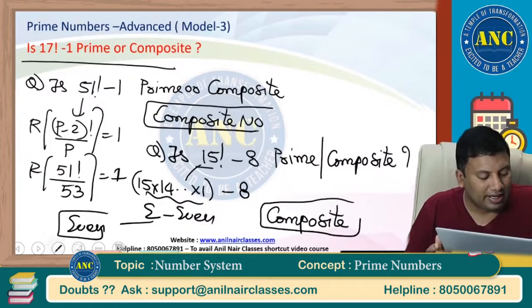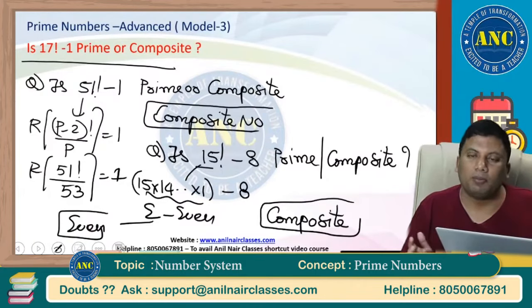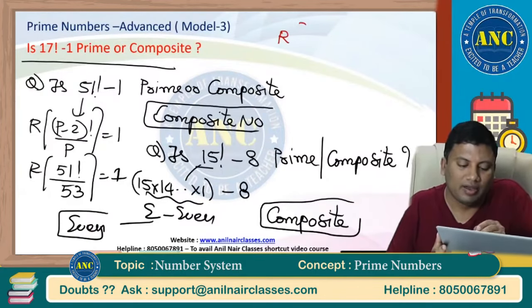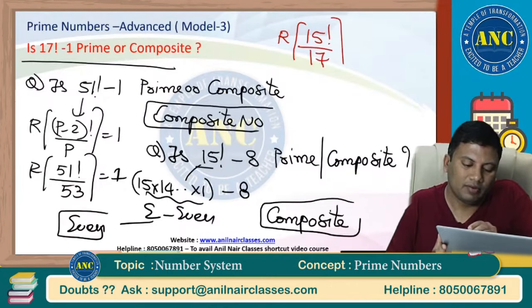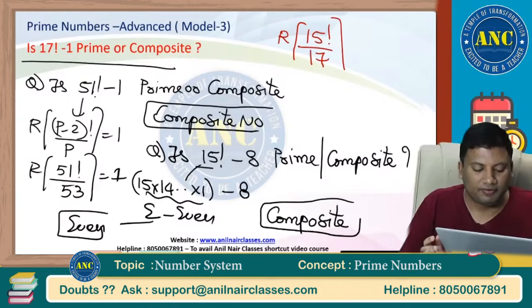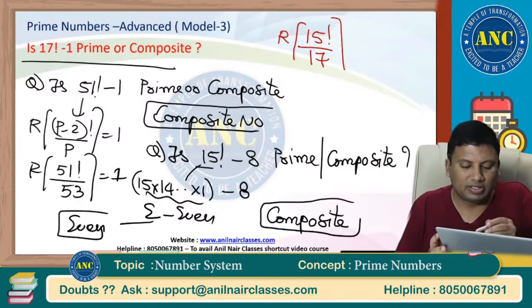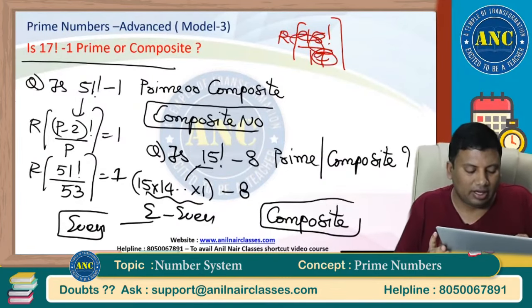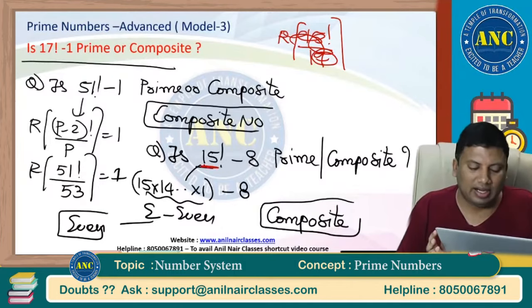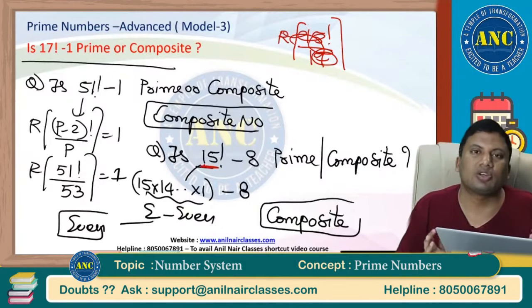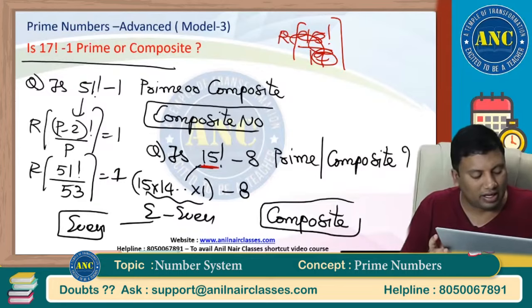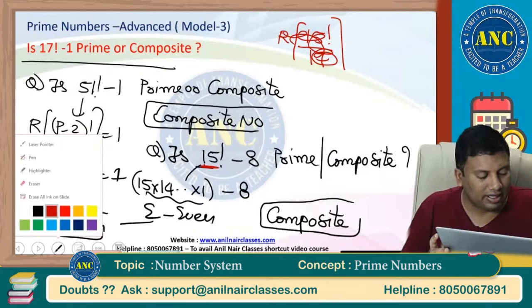I hope the idea is clear. Or you can also use 15 factorial, this is the best method, sir. 15 factorial minus 8: 15 factorial contains 2, 8 is also a multiple of 2, so the answer is divisible by 2.